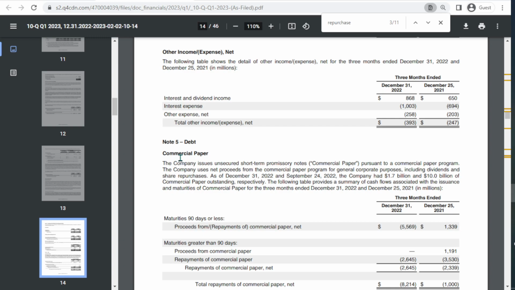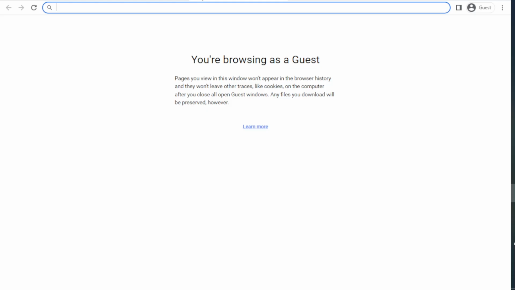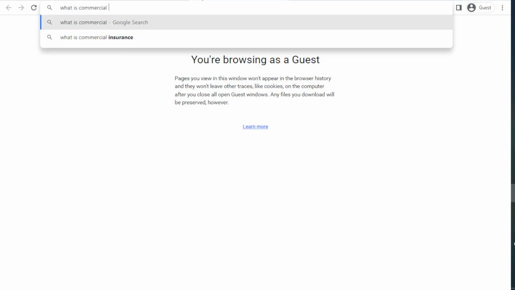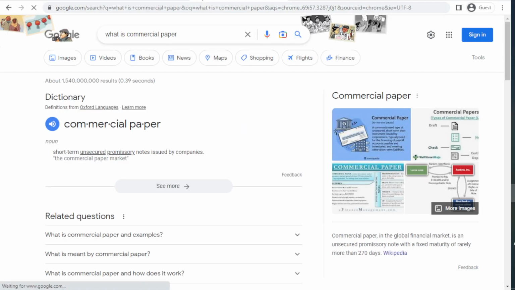All right, so let's just start with what commercial paper is. So if you're ever unsure, you can really just Google it right here. So let's do what is commercial paper? All right, so it says commercial paper is a short-term unsecured promissory note issued by companies. So essentially, this is a debt security. So companies are issuing this, and it's basically a promissory note.